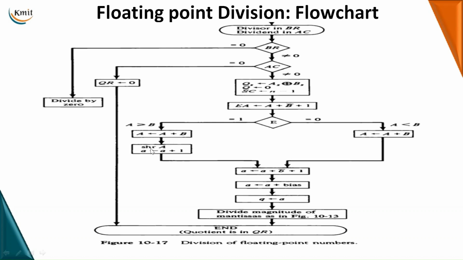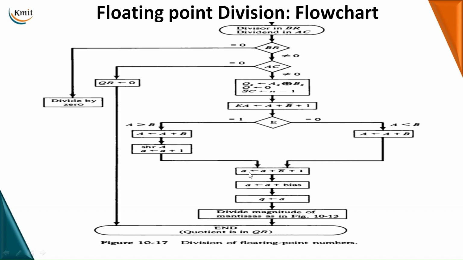So we have to perform a shift right. You first restore the contents of your dividend by adding the divisor to your dividend, perform a shift right operation on the contents of your dividend A, and increment your exponent by 1. Once the dividend is aligned, the next step is to subtract the exponents.